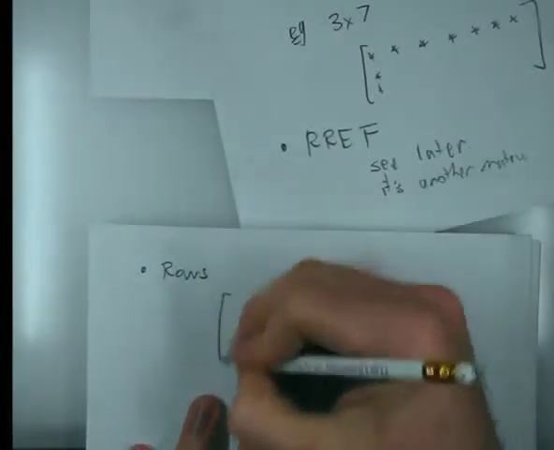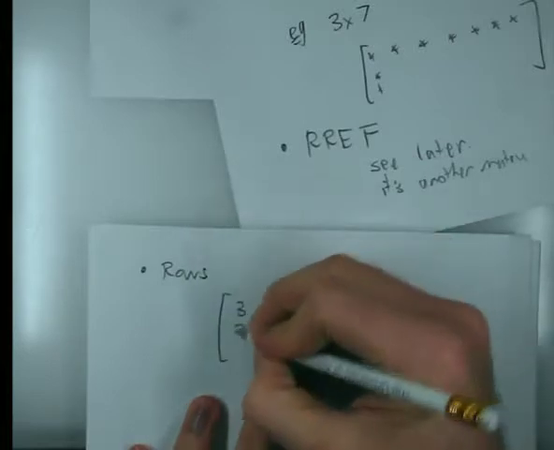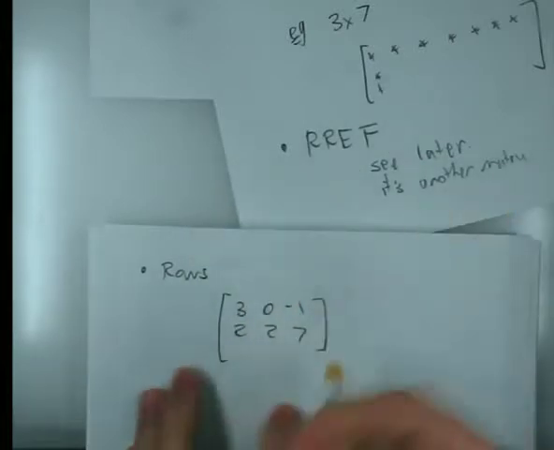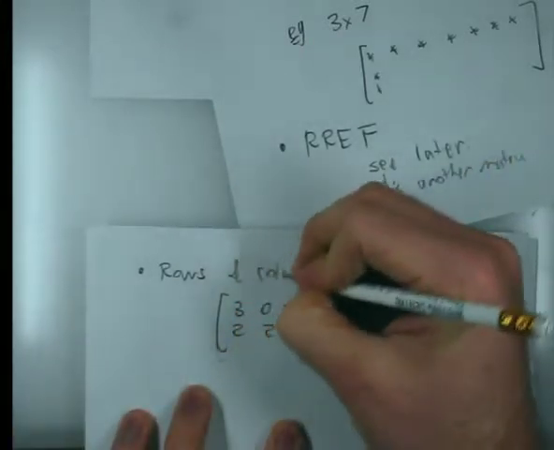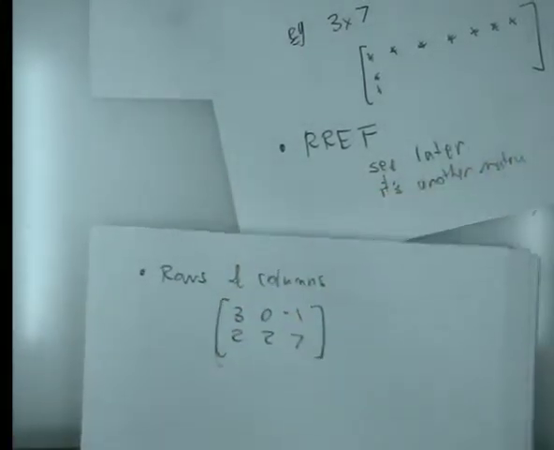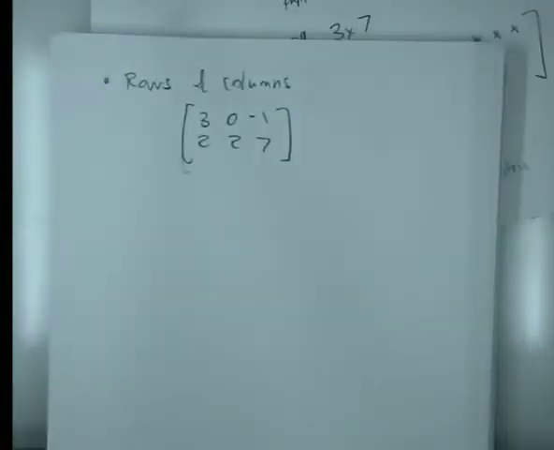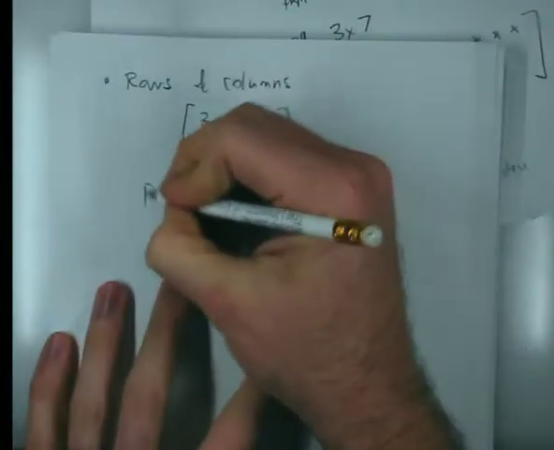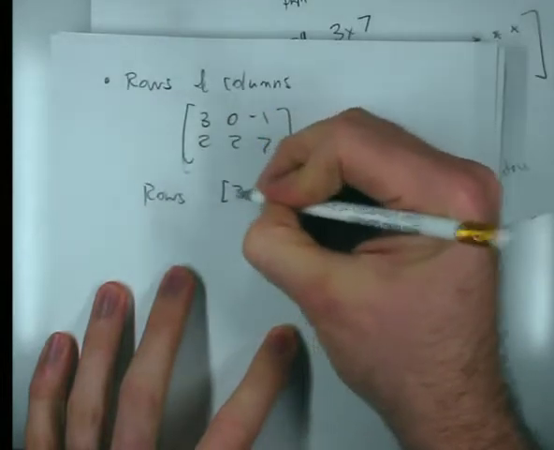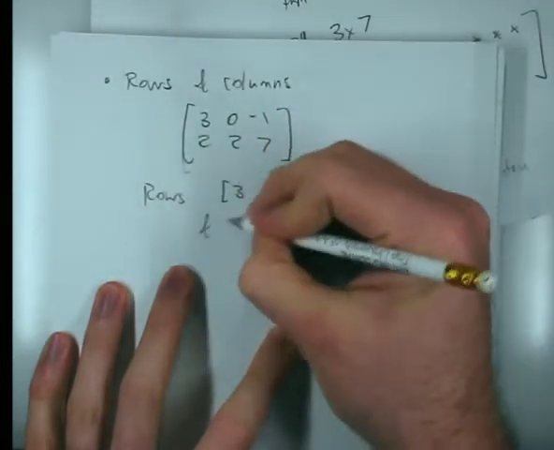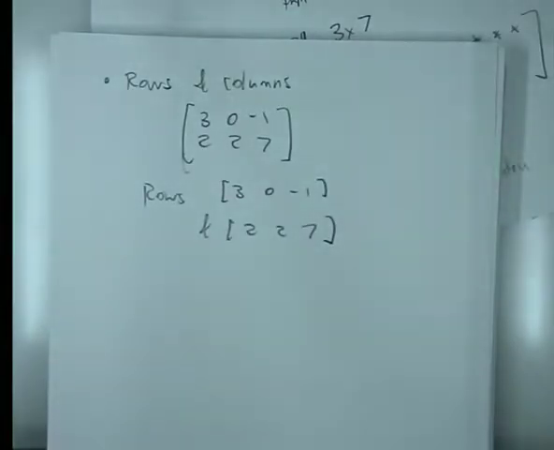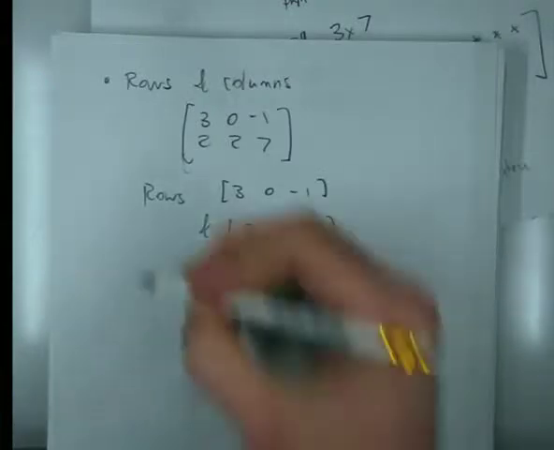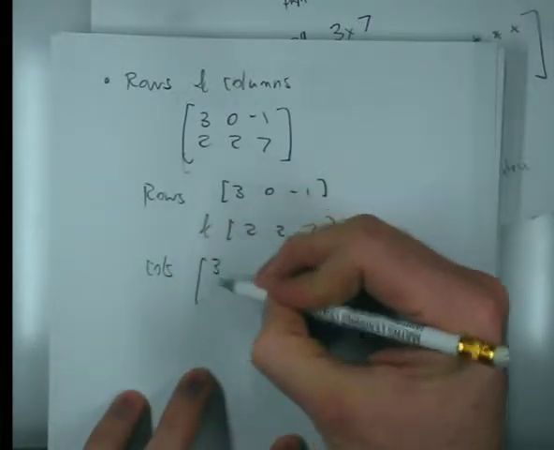So if you saw a matrix like this, okay, it has rows, and those rows count as vectors in their own right. So you can actually at any moment perceive a matrix as made of its rows, and you can perceive it as made of its columns as well.